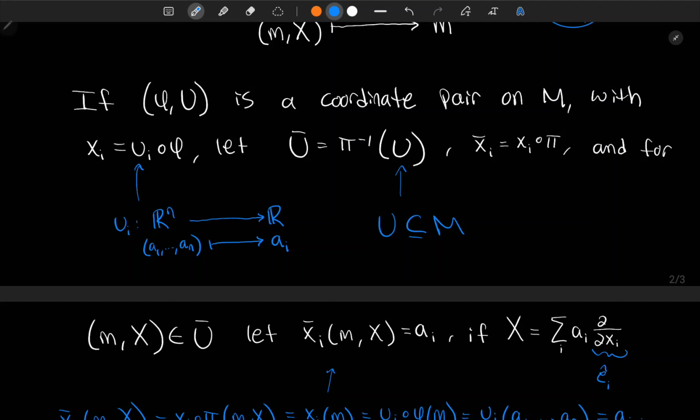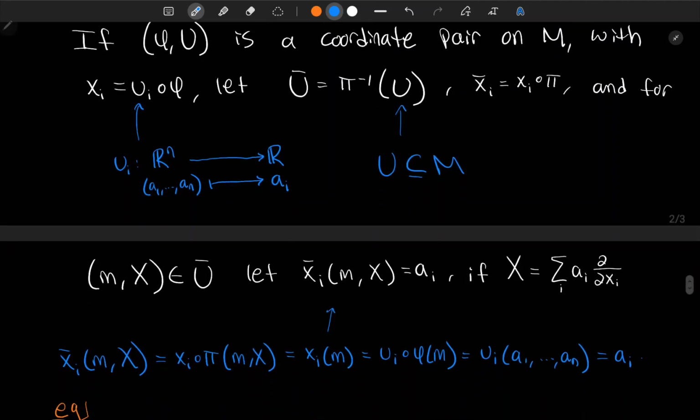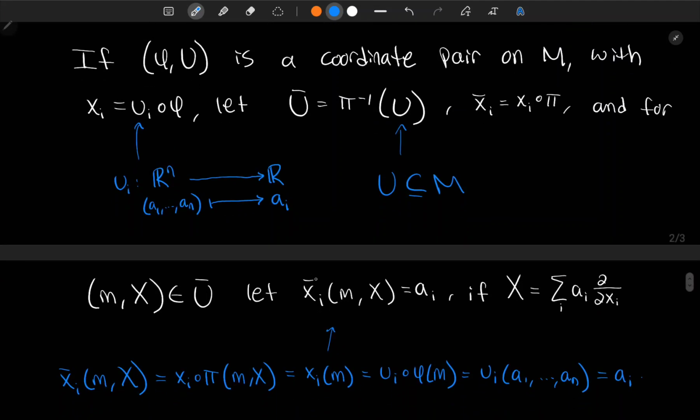So it's just some basis. Then a_i are the coefficients of this basis. And all that we've said above is that we're defining some map x_i bar, which gives us the coefficient of the ith basis for the vector X. So that is exactly what a coordinate function does.